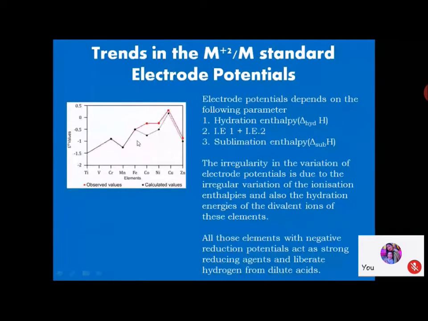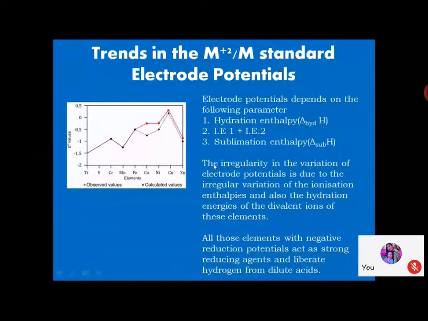Now, what is the reason for the irregularity? It's not a simple trend. There are large irregularities: increase, decrease, increase, decrease. Actually, it mainly depends on ionization enthalpy, and we know ionization enthalpy changes irregularly across the period.